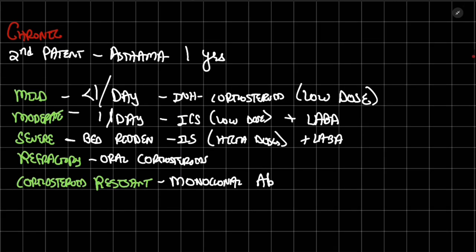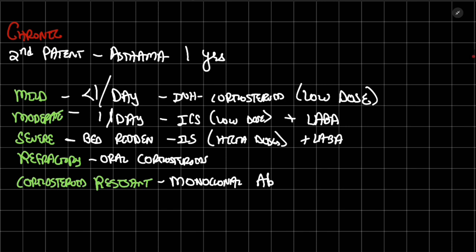Now to sum up the chronic stage, we have the stages mild, moderate, severe, refractory, and corticosteroid resistant. In mild, meaning 1 attack or fewer per day, we give inhalational corticosteroid in low doses. In moderate, with 1 attack per day, we give inhalational corticosteroid in low dose plus a LABA.